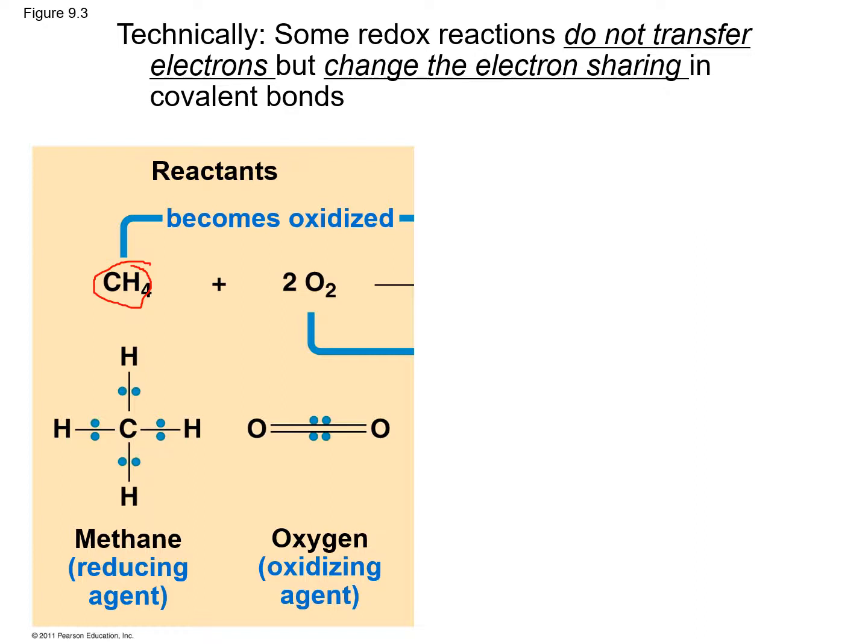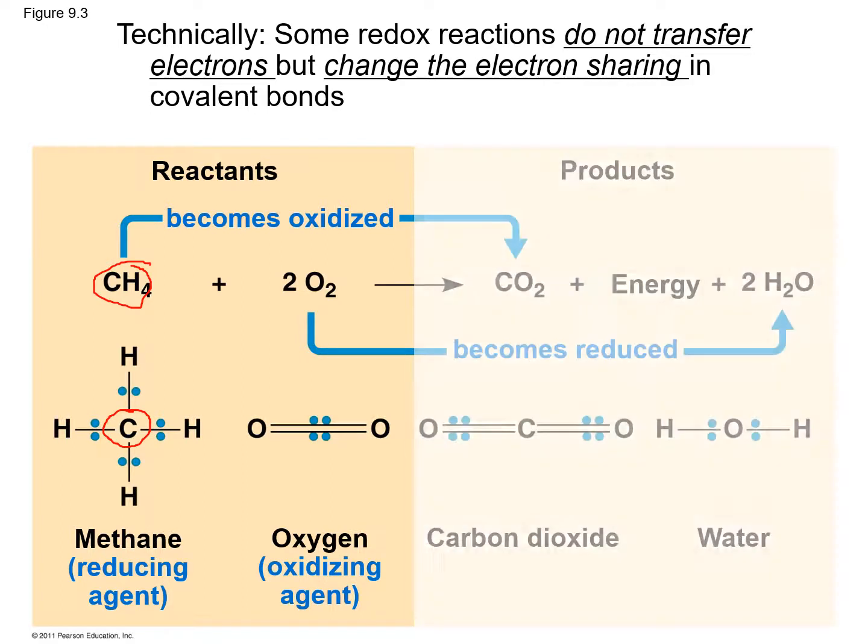And then we have these oxygen atoms, which you can see are sharing the electrons right here in the middle. Now, according to the diagram, the carbon from the methane is about to become oxidized. This carbon was once really close to these electrons. Well, now the carbon is really far away from these electrons.